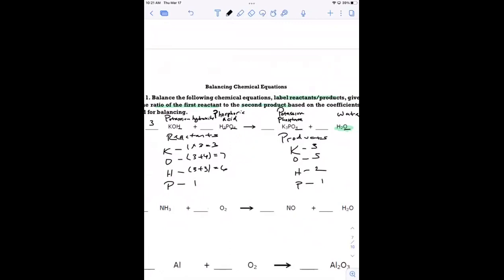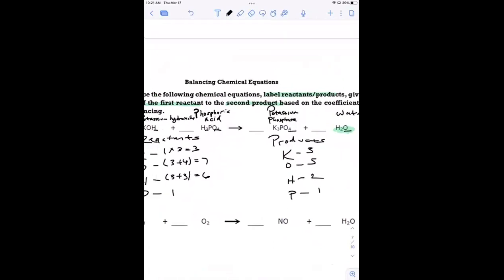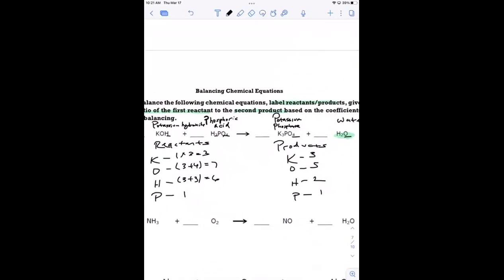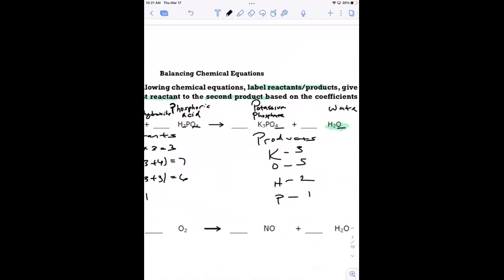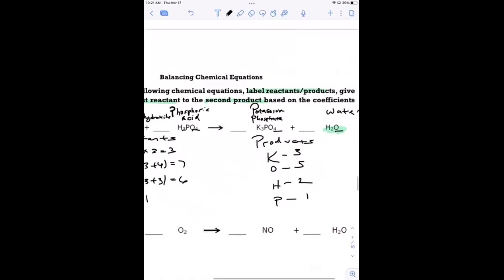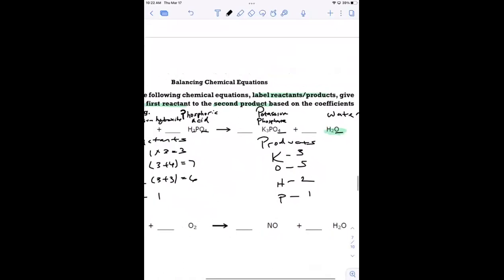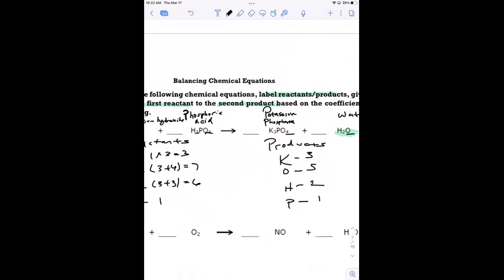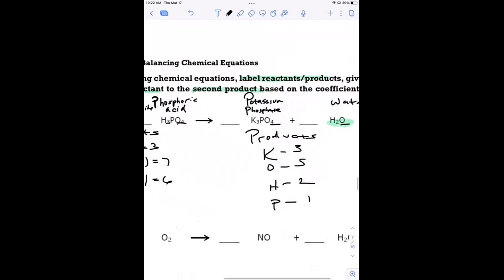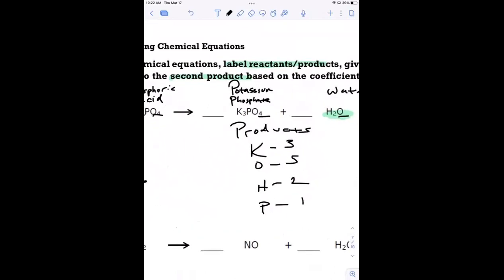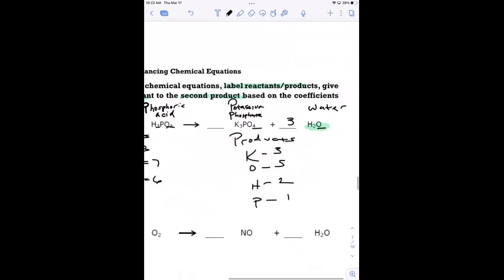So let's balance the hydrogens now, because I think if we do that, everything else will line up. So the hydrogens on this side, we have 6 on the reactant side. So let's try and put a 3 here and see what we get.